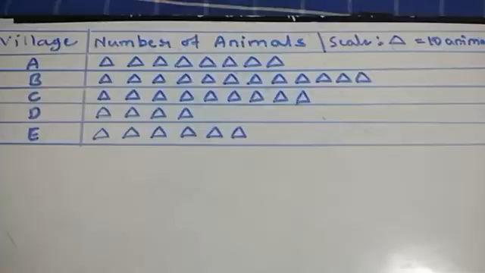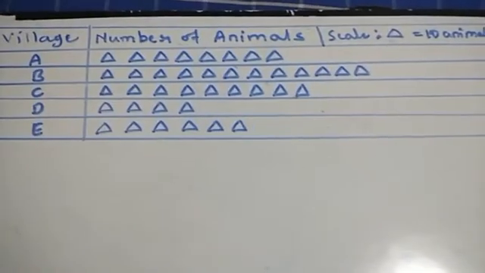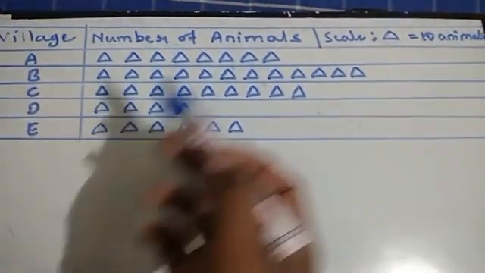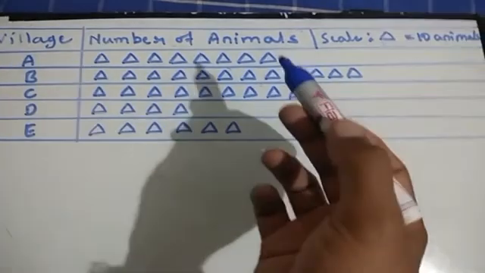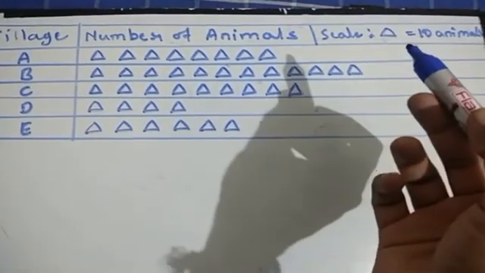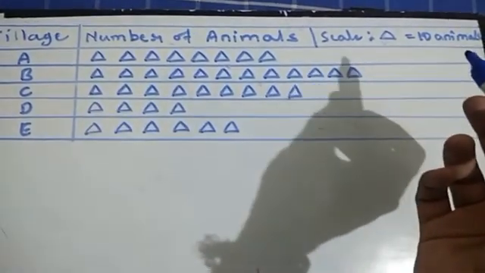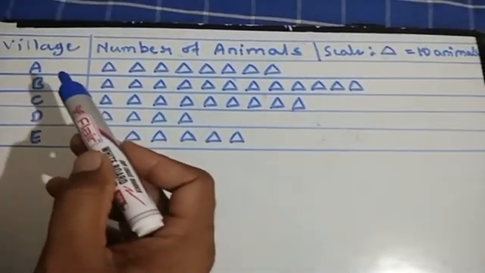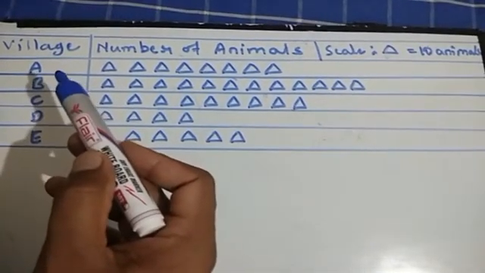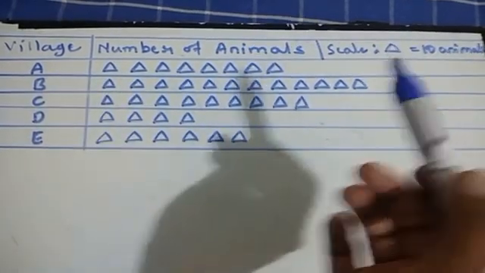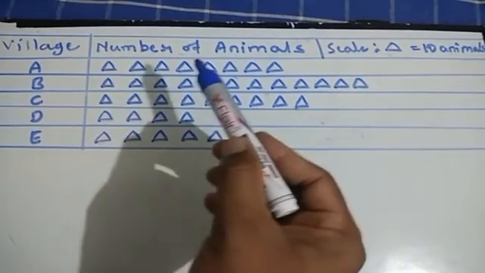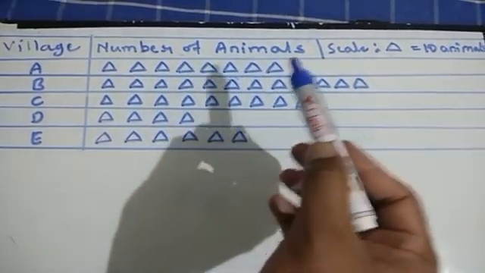According to the question, we have drawn one chart here. In the first column, the name of the village, and in the second column, the number of animals. We have chosen the scale that 1 triangle is equal to 10 animals. We know that in village A, a total of 80 animals are there. 1 triangle is equal to 10 animals, therefore 1, 2, 3, 4, 5, 6, 7, 8. 8 triangles is equal to 80 animals.